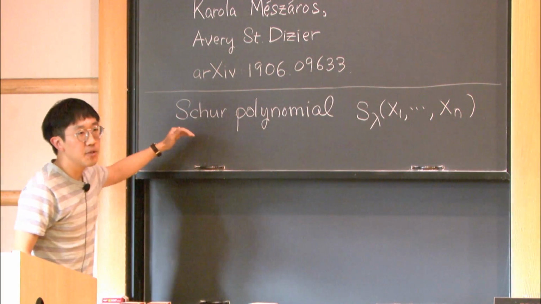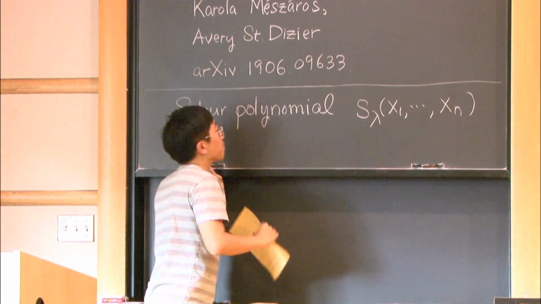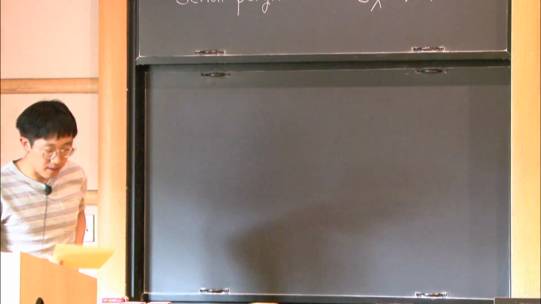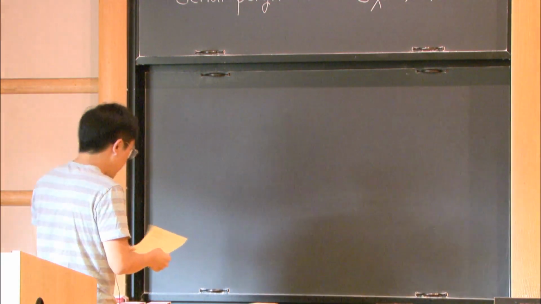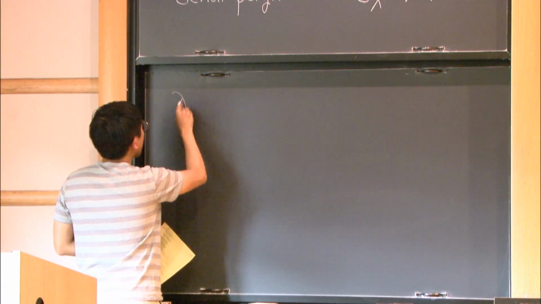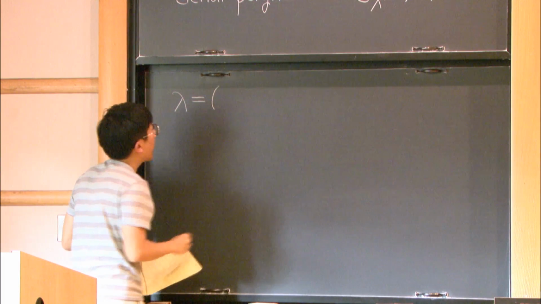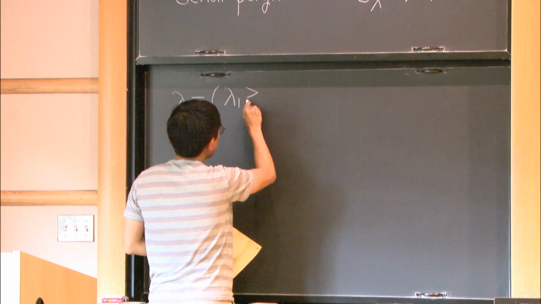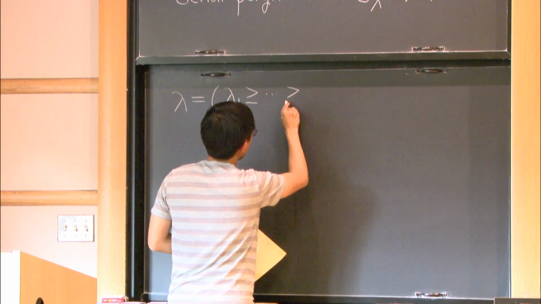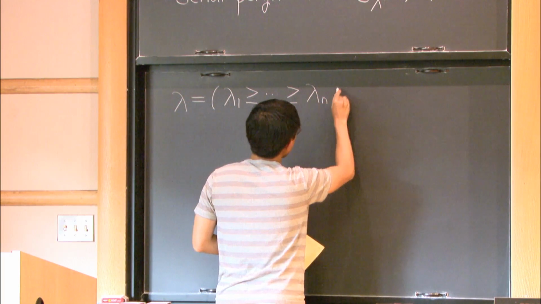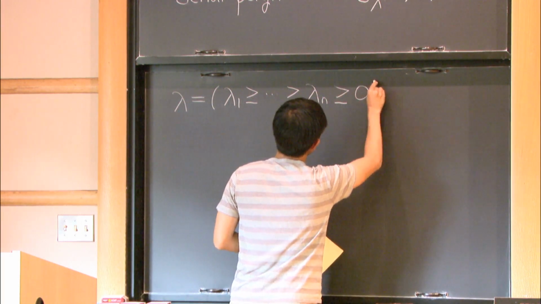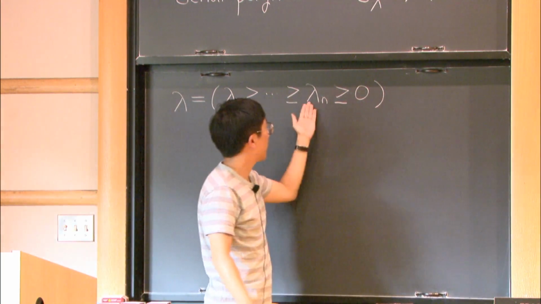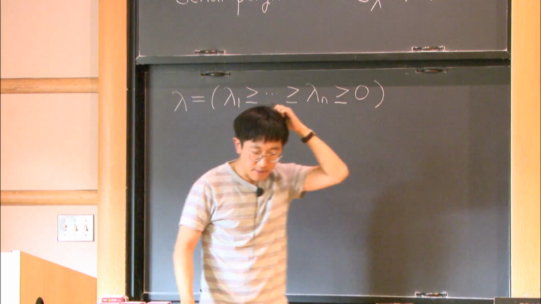And it is a very ancient object that goes back well beyond Schur. So here, lambda is a partition. And by that, I simply mean a sequence of weakly decreasing non-negative integers. Let's say I have n of them, same as the number of variables, where I'll allow some of the parts of the partition to be 0.